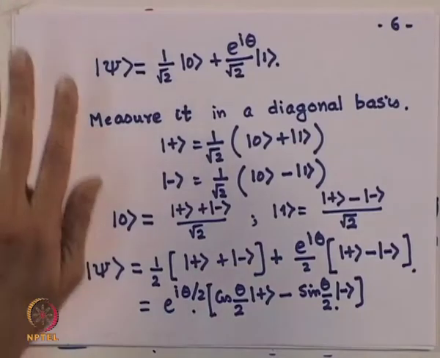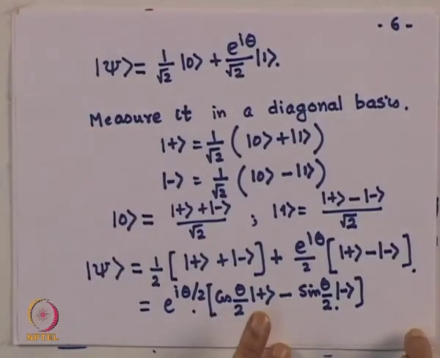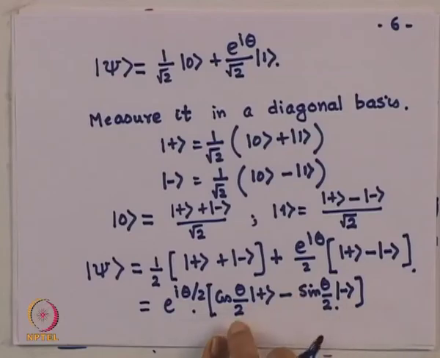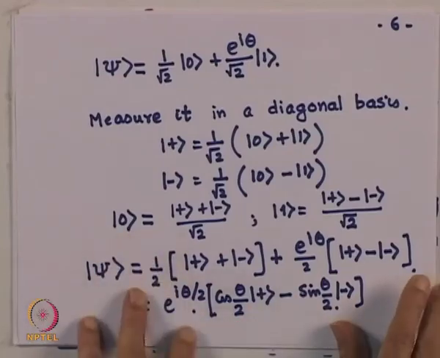The probability with which in the diagonal basis I will get the value to be plus is cosine square theta by 2, and the probability with which I will get the minus will be sine square theta by 2. So therefore, this measurement in the diagonal basis gives us some information about the phase.